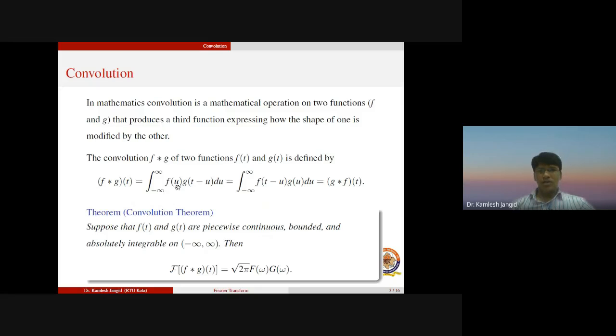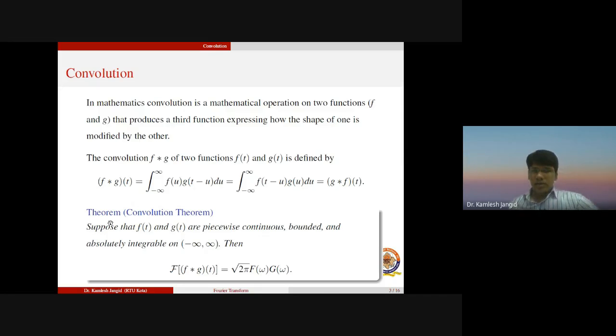This convolution is symmetric in the two functions f and g, so it can also be written as the integral from minus infinity to plus infinity of f of t minus u g of u du, which is the convolution of g and f.